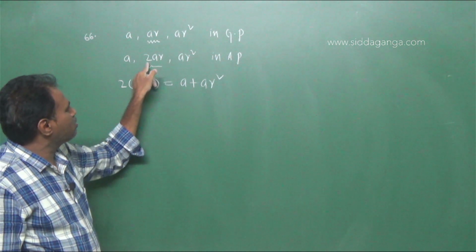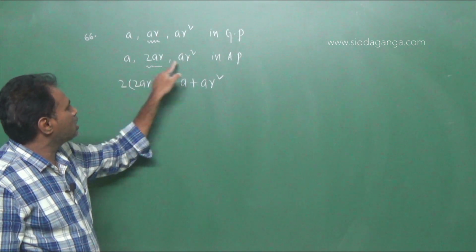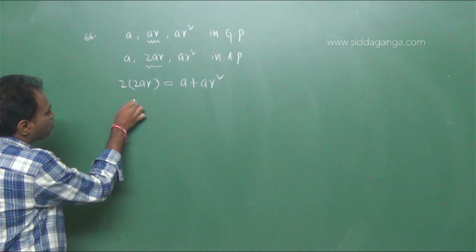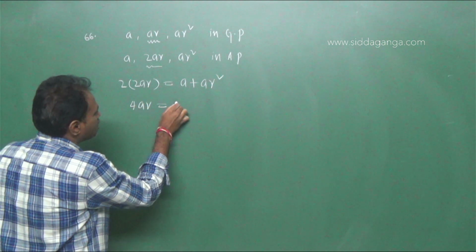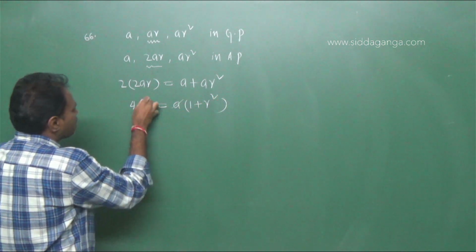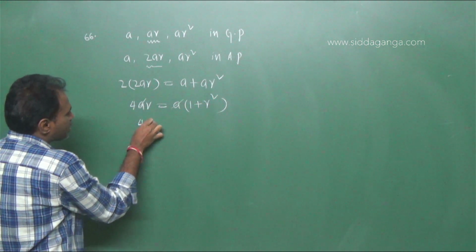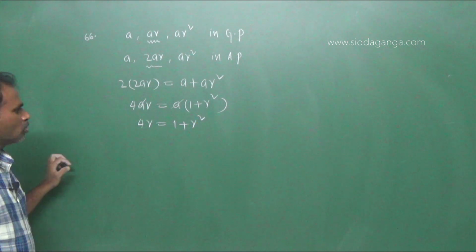Therefore, 2 into 2ar is equal to a plus ar square. That is 4ar equals a times 1 plus r square. Now, a will cancel. Therefore, 4r equals 1 plus r square.